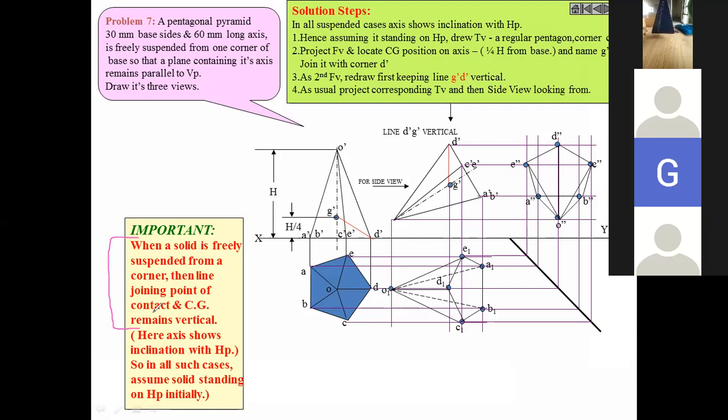You can do that with any available object in your home, but it should be an asymmetric object. CG should not be at the center, but at some different point. Then you assume like this. You tie a rope here and you just lift it up. So currently that lifting point and the line joining the CG, that is vertical, yes or no?